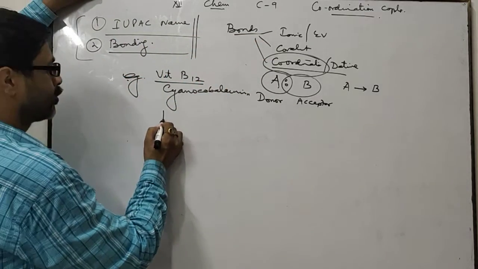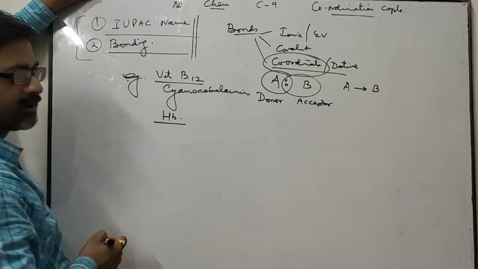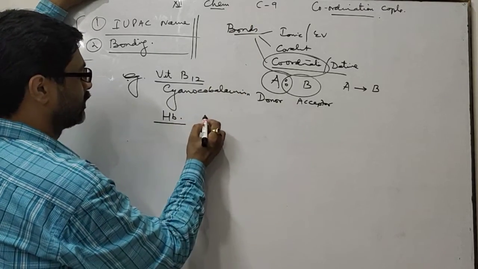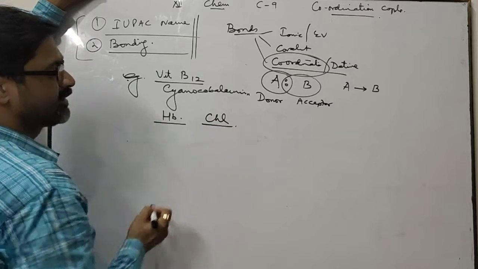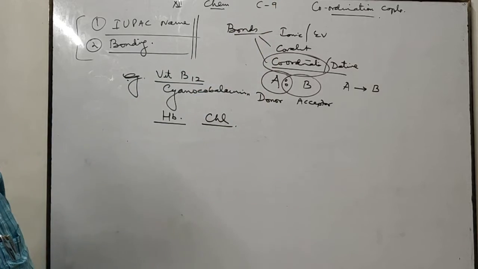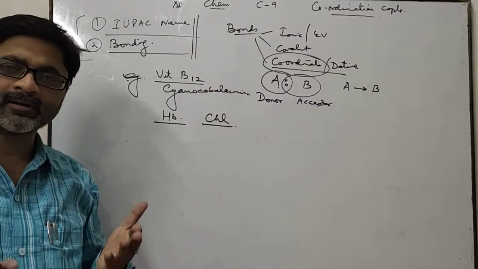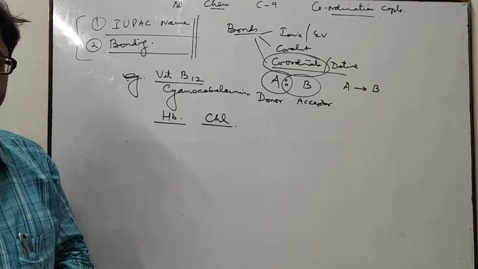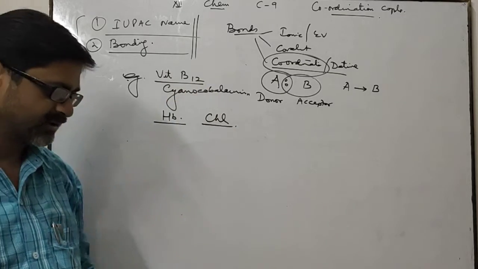Hemoglobin found in your blood is also a type of coordination compound. Chlorophyll present in green plants is also a coordination compound. And many drugs and medicines are also made up of coordination compounds.